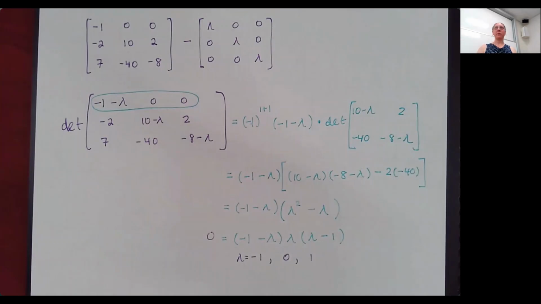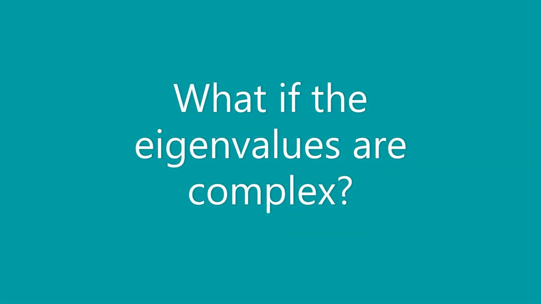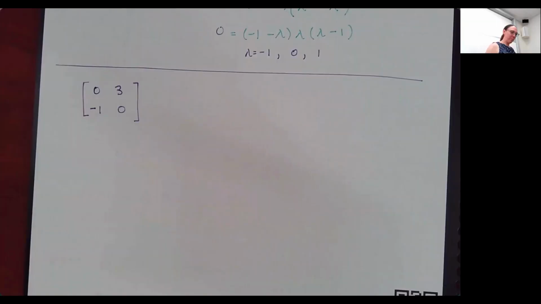But for a 3 by 3 matrix, the big takeaway here is if you have a row with a couple zeros in it, you're going to save yourself a bunch of work when it comes to the step of finding the eigenvalues. But I've made it work out nicely.